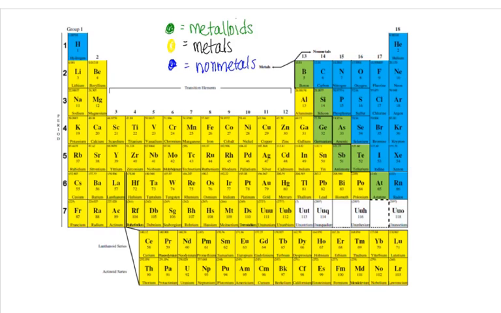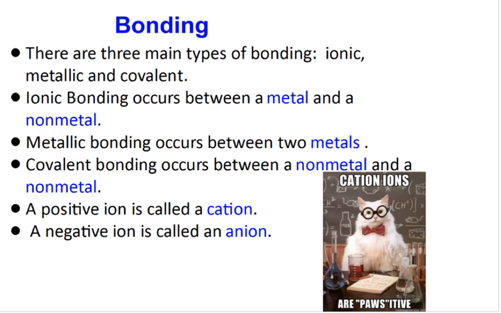So, let's talk about the three types of bonds. Ionic, metallic, and covalent are the three types of bonds. Ionic bonding occurs between a metal and a nonmetal, or we can say between a cation and an anion.